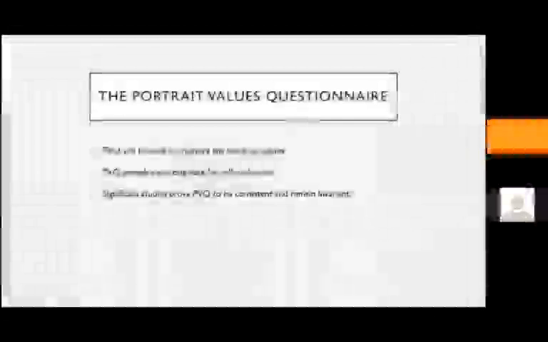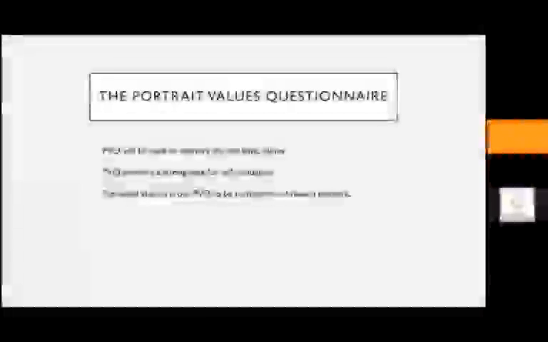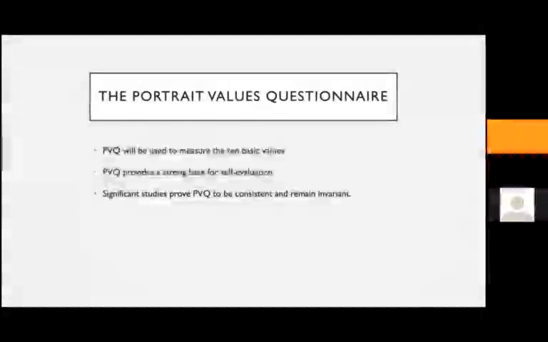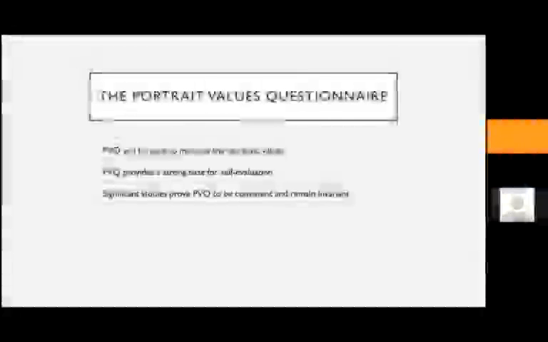With this PVQ, the Portrait Values Questionnaire, I can push my research forward. Whoever I'm going to be using as a participant in watching, when we're going to be analyzing their results of identification, we could at first give them this questionnaire to fill.